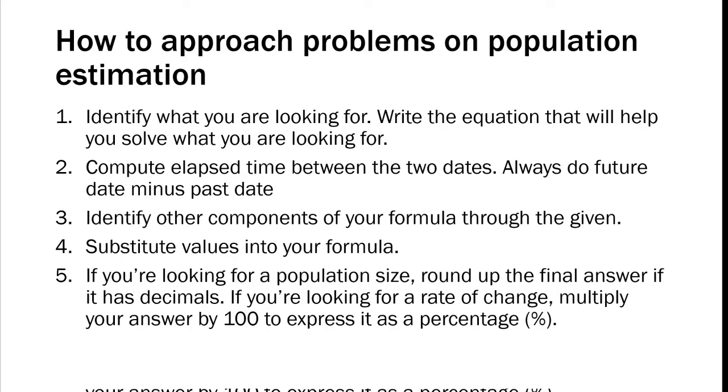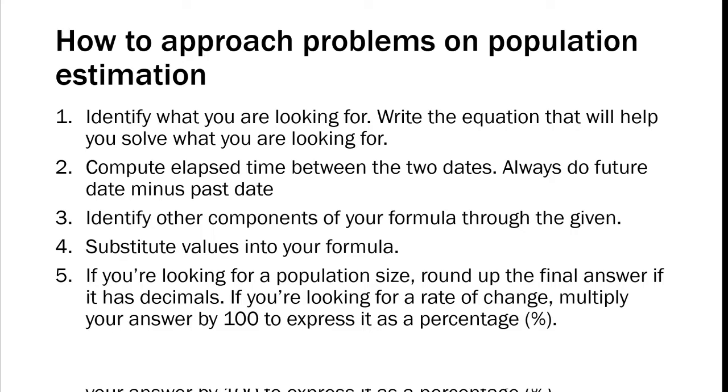Second is for you to compute the elapsed time between the two dates. Now, why is this a second step? In all of the formulae that you have for population size estimation, you will always be dealing with time. So might as well do it first. In order to compute the elapsed time properly, you should always do future date minus past date.